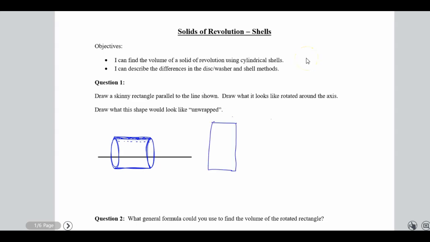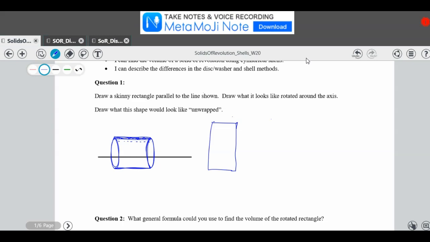It would look like this rectangle, and remember this rectangle has a tiny bit of thickness that goes down the edge, whatever the thickness of that tube is. Basically the thickness of the rectangle as you cut it and unwrap it.